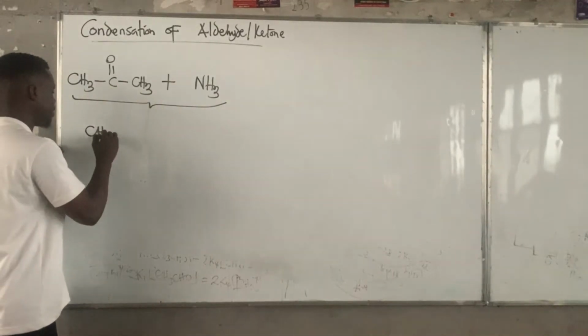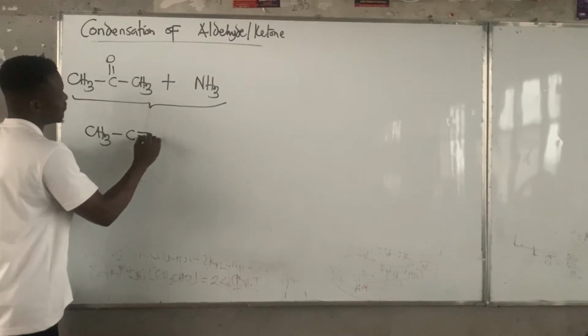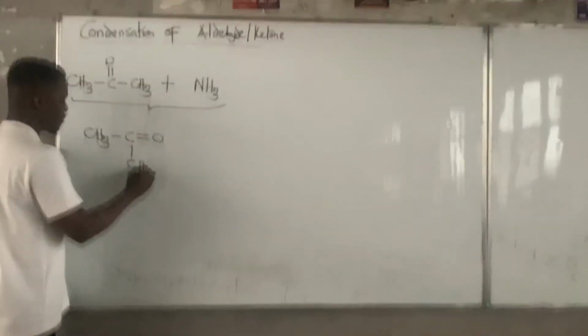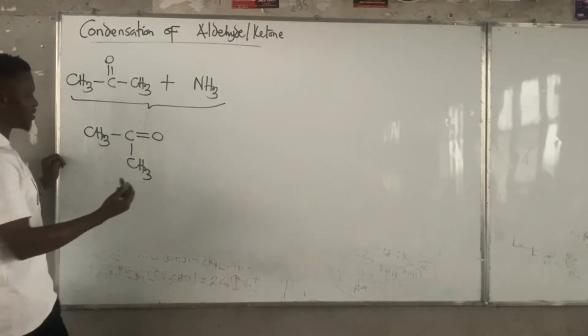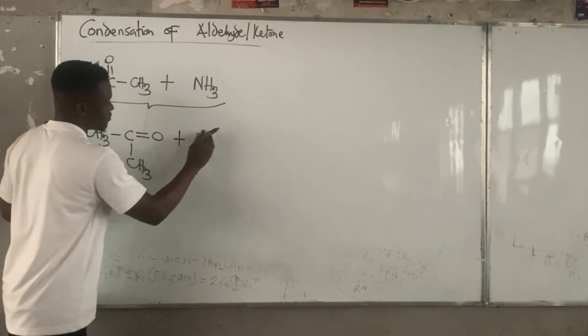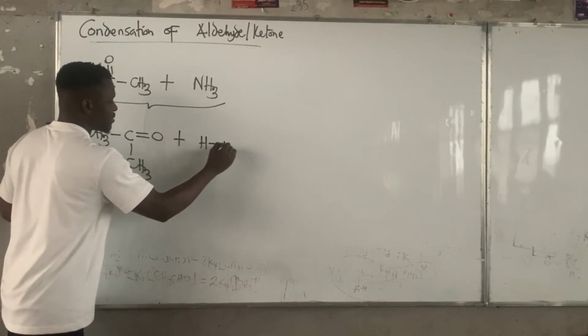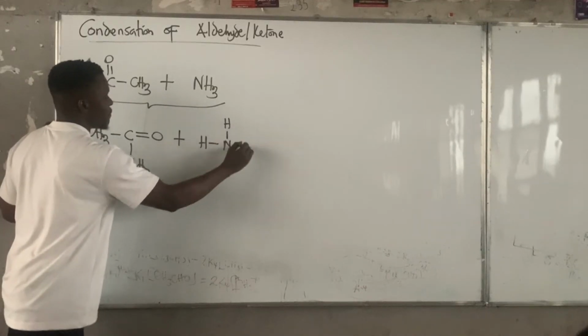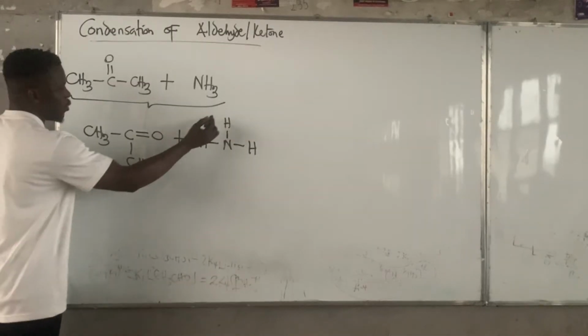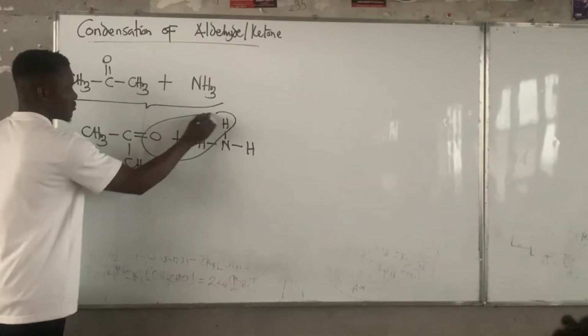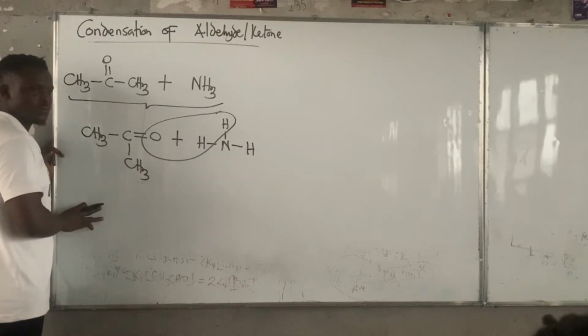It's more like saying CH3, C, this. It's actually not necessary to put it this way, but I just want to use it to explain some. Plus, you have ammonia. What is going to come out of this two?